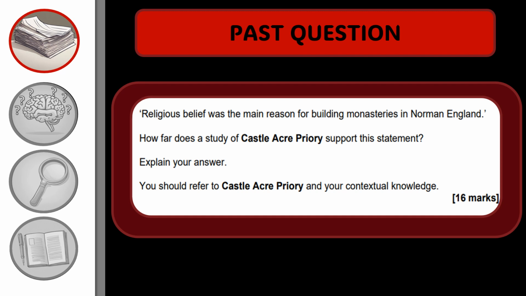Now, you can see here the site is Castle Acre Priory, a building that you can go and visit, take photos of, study, etc. It's a little bit harder when your site is an entire country. However, the same principles apply. It's just that you are going to be referring to more than one site, plural, maybe more than one castle, for example, in your answer.